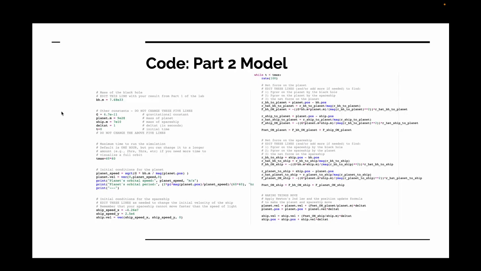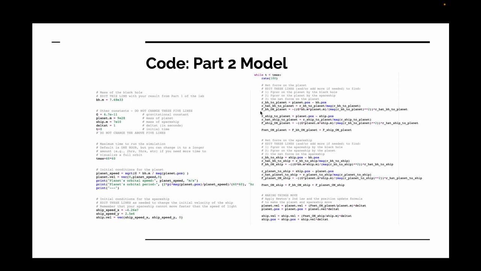For part 2, we used that same mass of the black hole along with other constants to calculate the speed of both the planet and the ship in relation to the black hole, with these equations down here representing the ship speed and the planet speed.